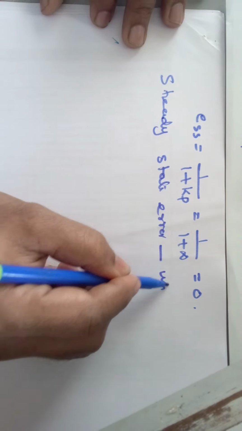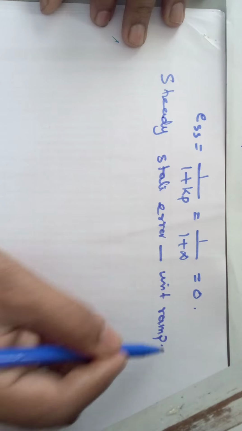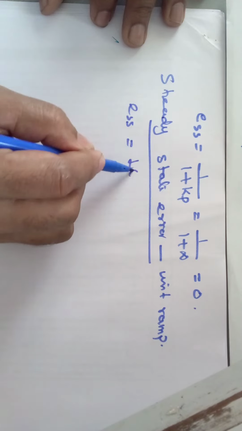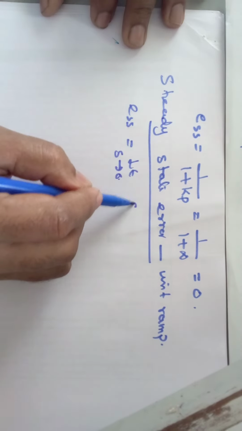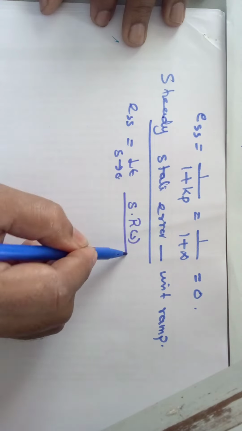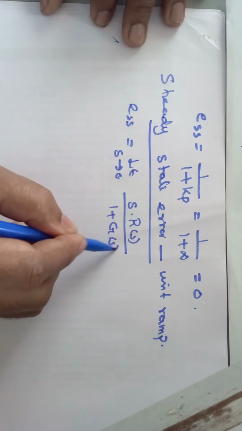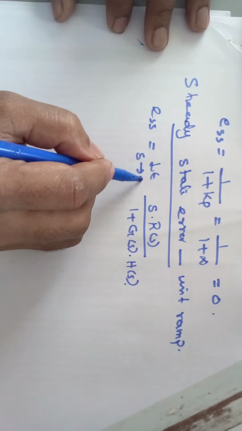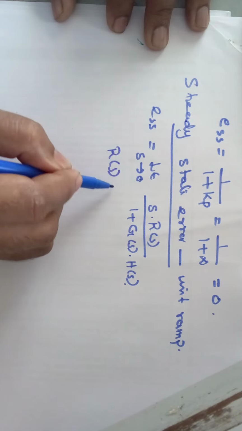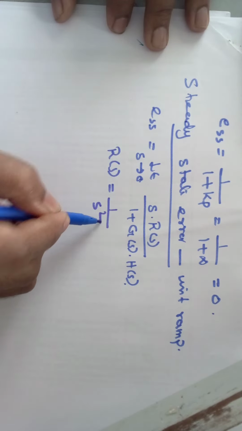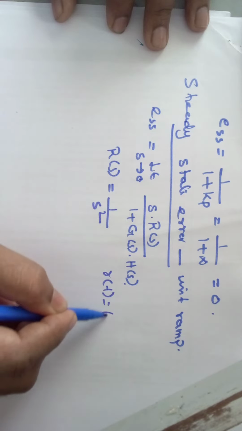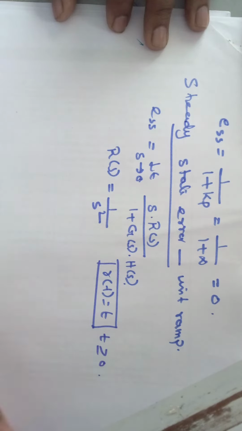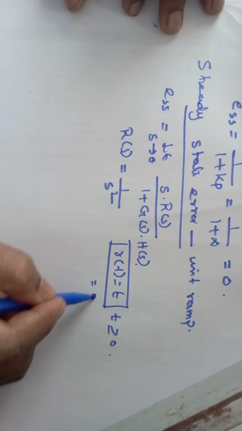So if the input is a unit ramp signal, the steady state error ESS, as usual, is limit s tends to 0 of s R(s) divided by 1 + G(s) H(s). Here R(s) is equal to 1 by s square, because r(t) is equal to t for t greater than or equal to 0, and 0 otherwise.